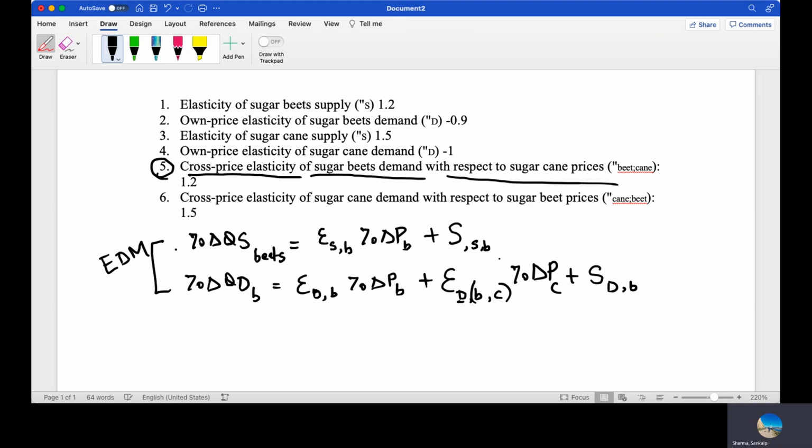Now, even though this is not mentioned in the notes, I would like to give you a brief background into why this term is being added.